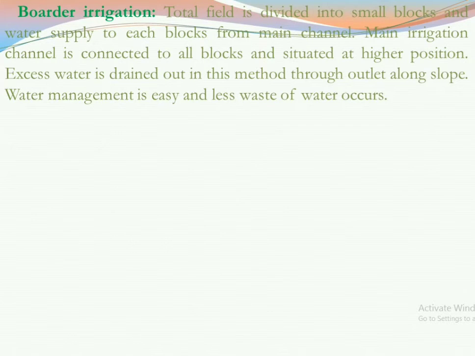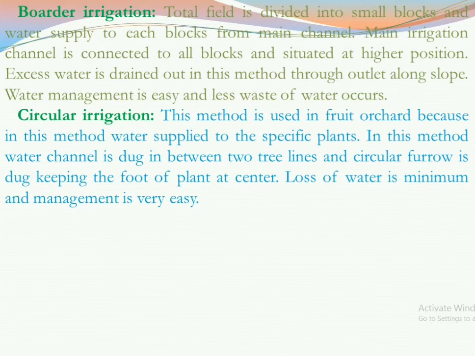The next irrigation method is the circular irrigation method, which is followed in fruit orchards. That is, we only have to irrigate the tree, at the bottom of the tree.